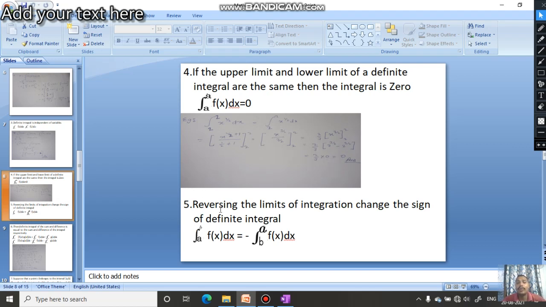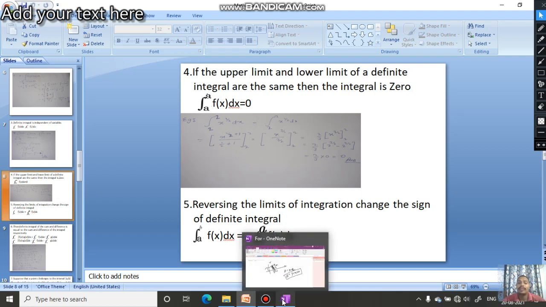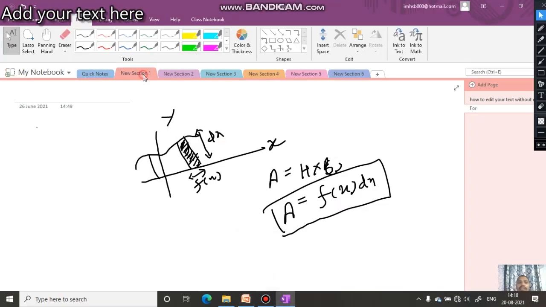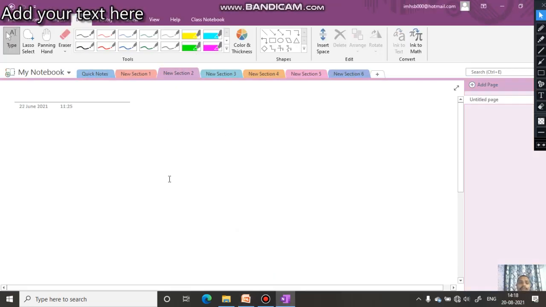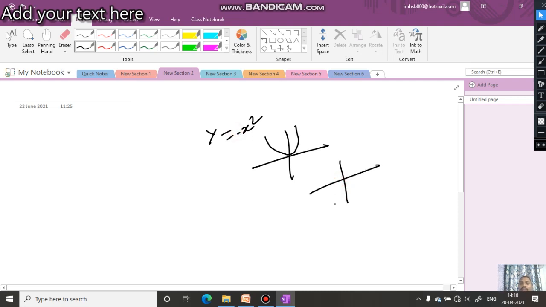The fifth property of the definite integral: reversing the limits of integration changes the sign of the integral. For understanding this concept, if we have y equals to x square and we know the graph of y equals to x square is this, if we apply a negative sign on that, the graph of this integration goes downward. Minus of x square on the x axis, y axis.